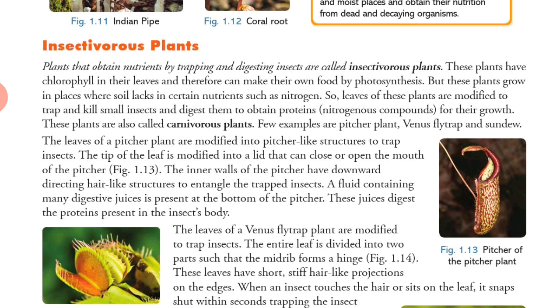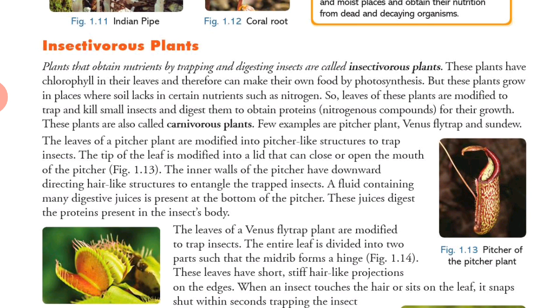These plants have chlorophyll in their leaves and therefore can make their own food by the process of photosynthesis. Insectivorous plants basically trap insects. The lid is open over there, and the pitcher plant is an example of that. They trap the insects, then the lid gets closed, and the insects are digested by the plant.